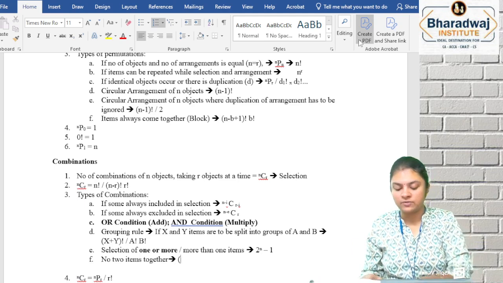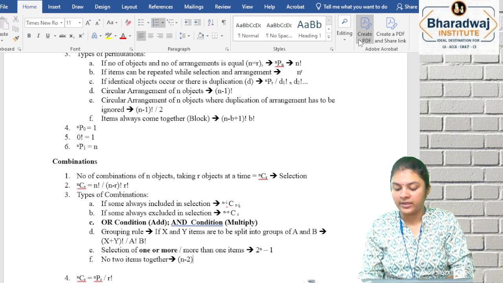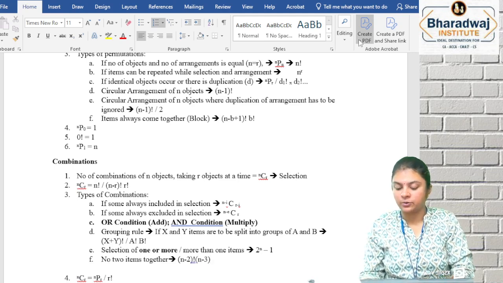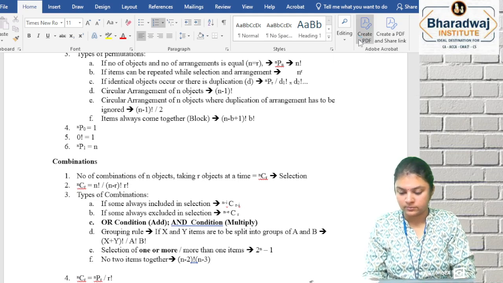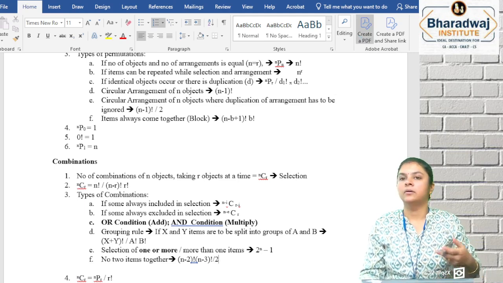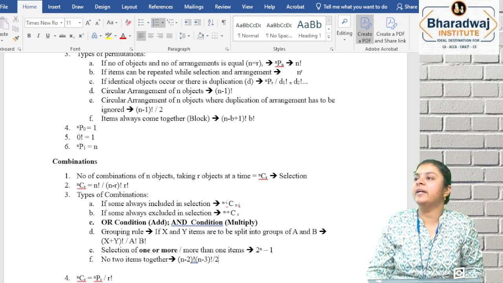You can use the formula (n minus 2) factorial into (n minus 3) factorial divided by 2.